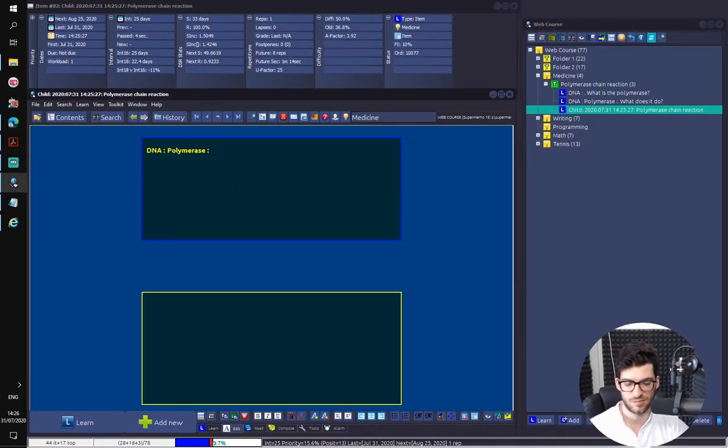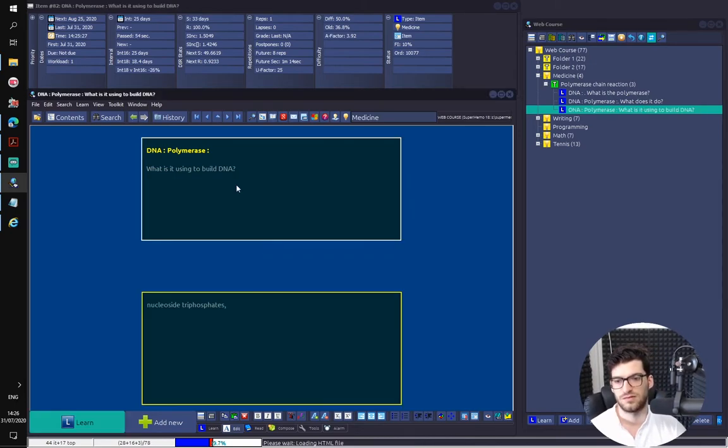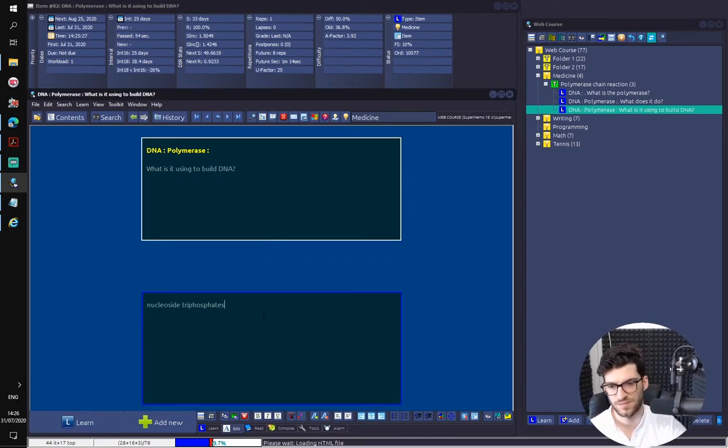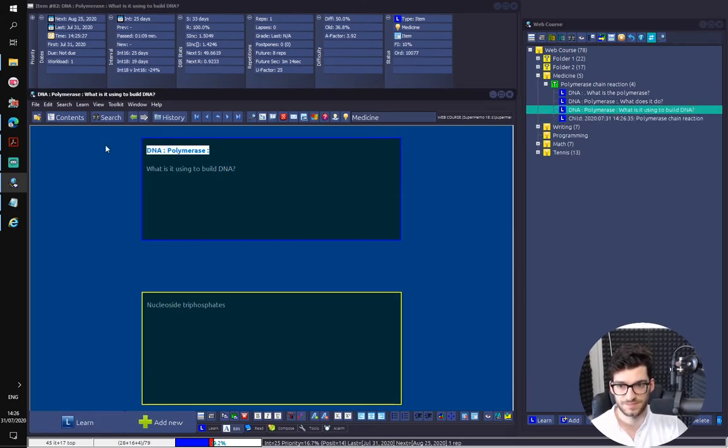So, polymerase. What does it use? Okay, let's review. What is it using to build DNA? Nucleoside triphosphates. And this could actually be seen as a mistake, because now you have to actually know what this is.